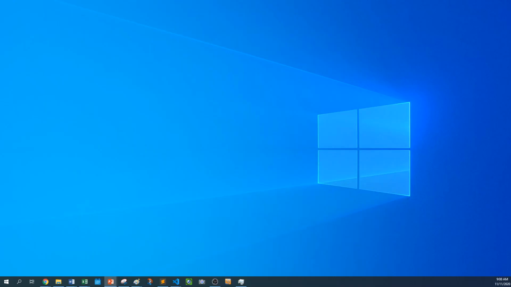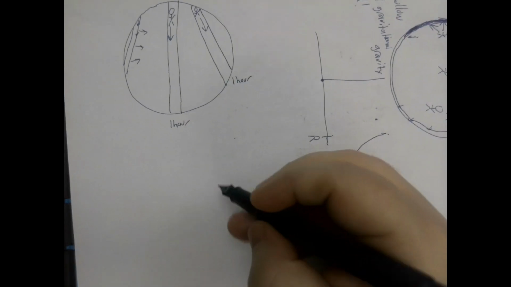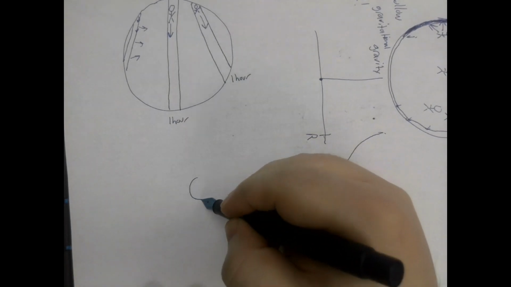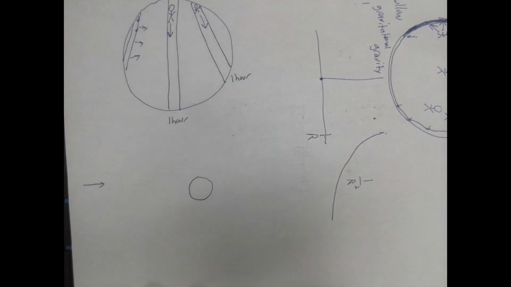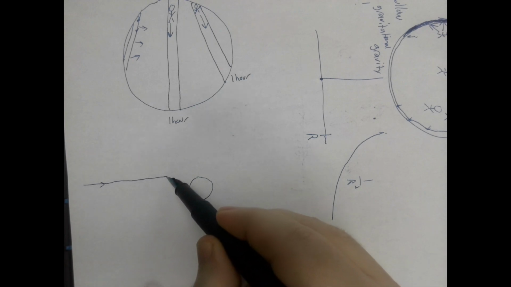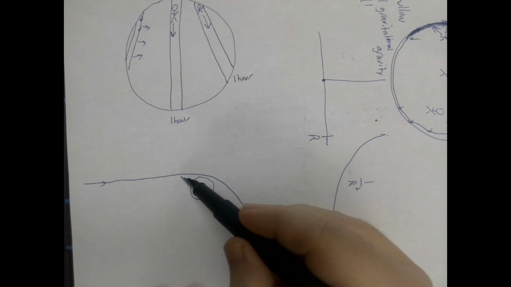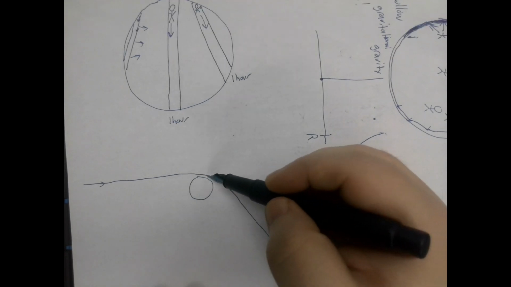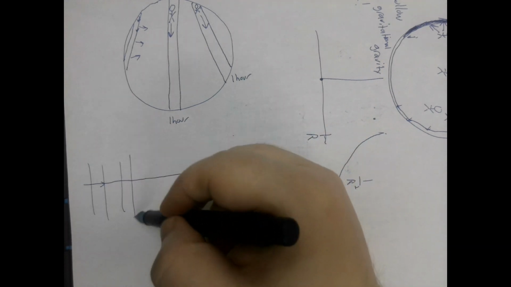Light always takes the shortest possible path in time. So if we have a massive object and you shine a beam of light, a laser beam, light always takes the shortest path, but because this is curved space, the space around this point is curved inward. We can imagine this as a grid.